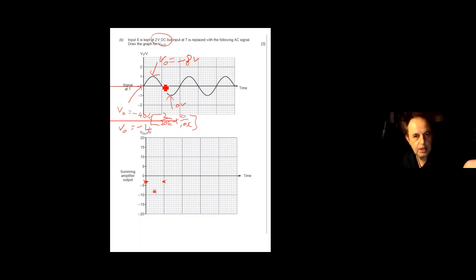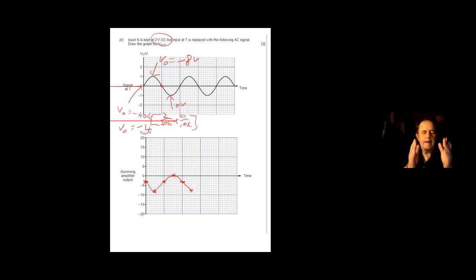That point and that point are the same because they're on the zeros, and then the next point is on 0, and so on. So if I complete the graph, I could do it for the rest of it as well.